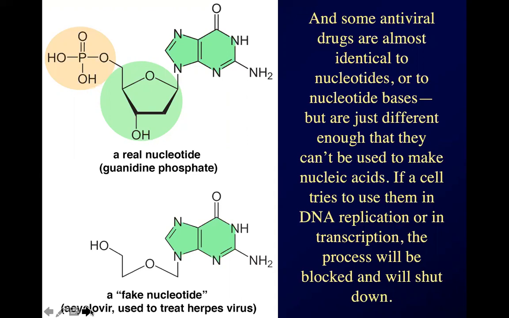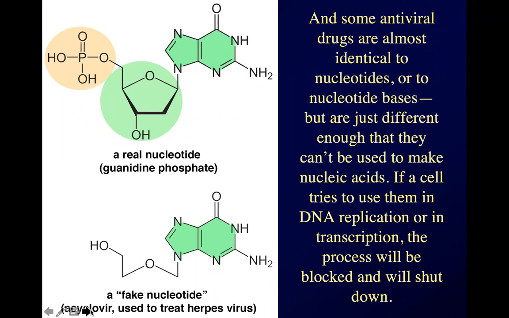If a cell tries to use these in replicating DNA or in transcription to make RNA, the process will get blocked. Kind of like if you feed a stapler misshapen staples, the entire stapler gets jammed. That ever happened to anybody? You ever get a jammed stapler? It's the same thing here.